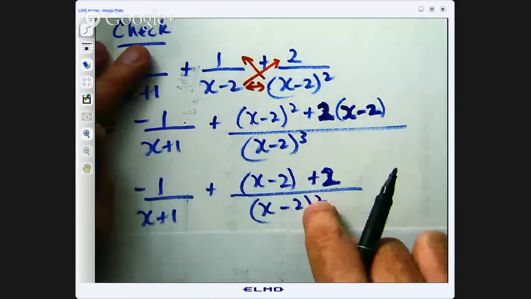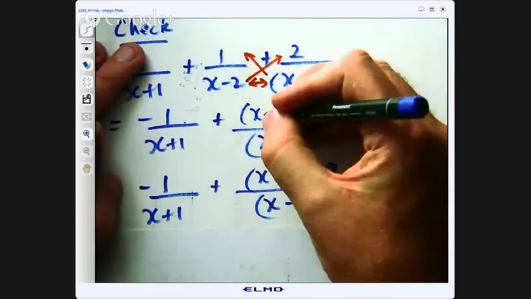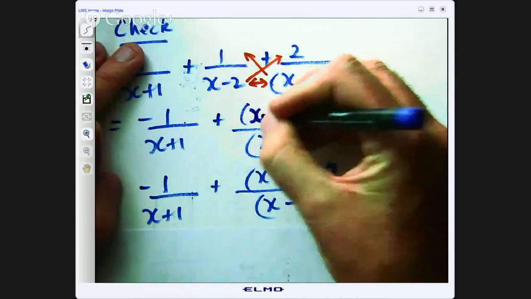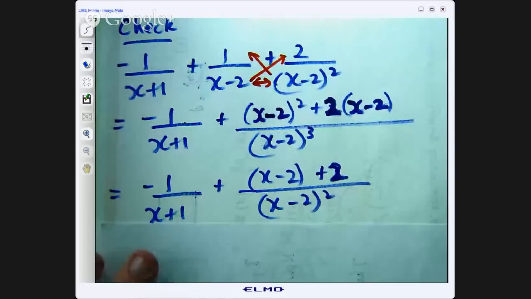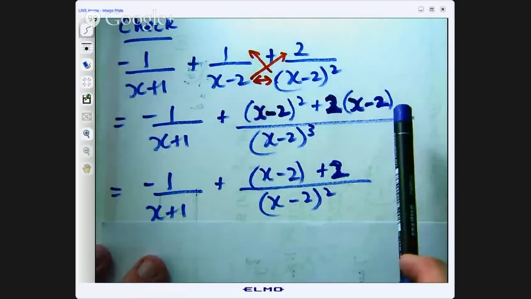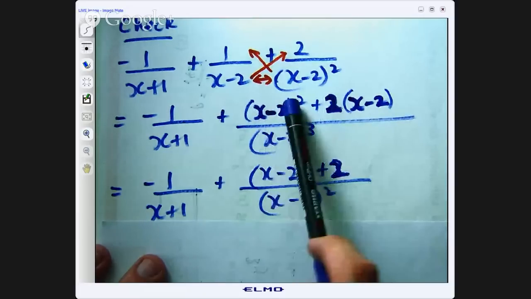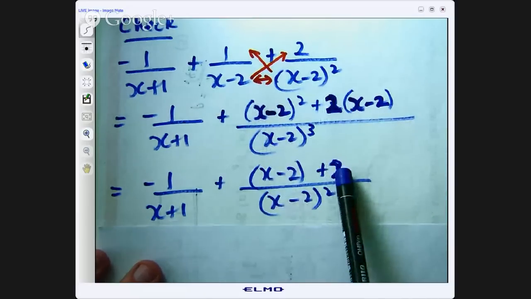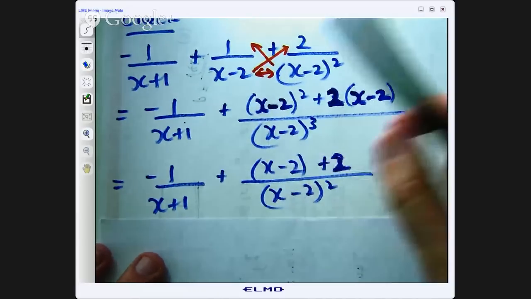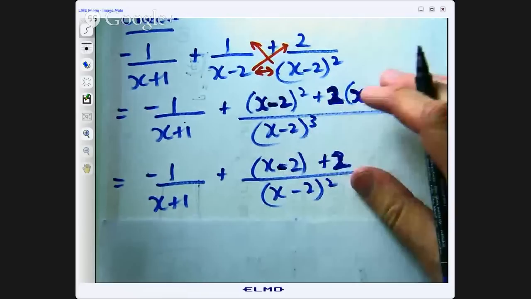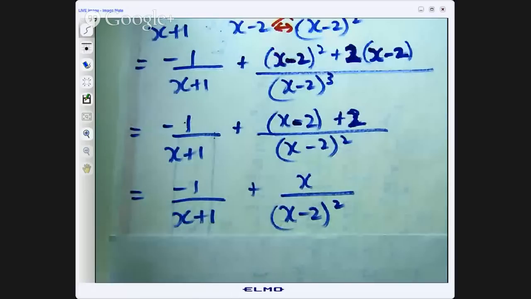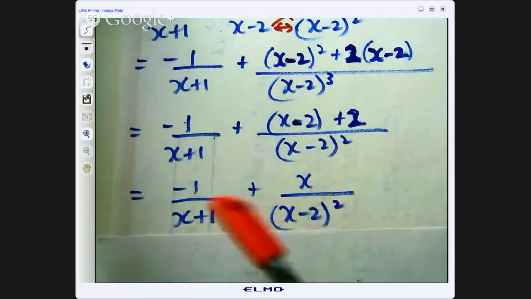And I'll get the following. Yes, all right, so I'm going to be left with x minus 2 plus 2. Now, obviously, the negative 2 and the positive 2 are going to disappear, and I get that. Now, let's do the same sort of cross multiplication with these 2 terms.